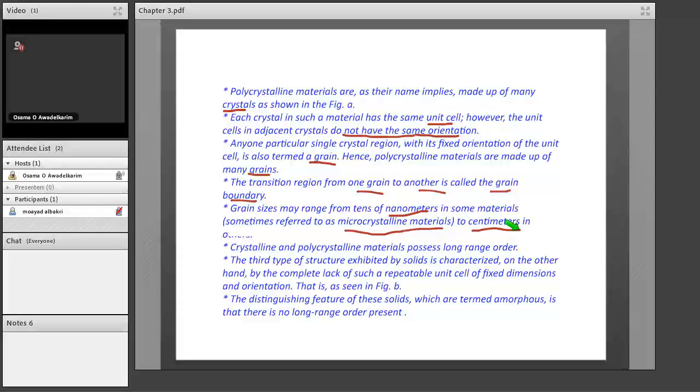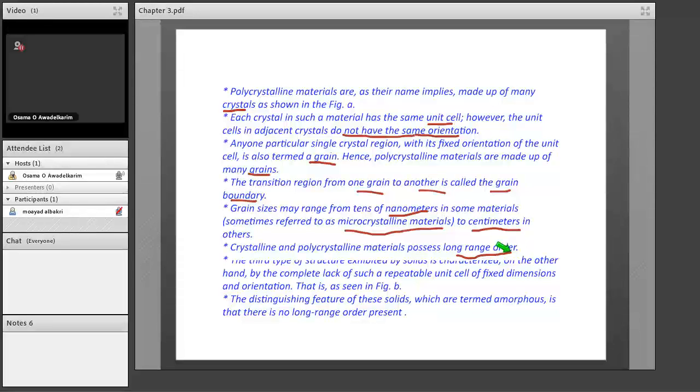So you can have different sizes of grains depending on the different solids. Crystalline and polycrystalline materials possess long-range order, but the long-range order in the polycrystalline material is terminated at the grain boundaries.